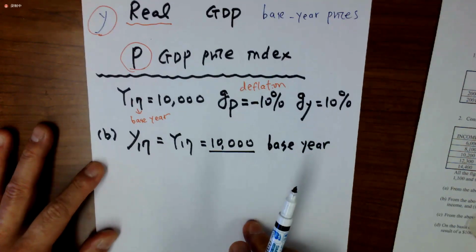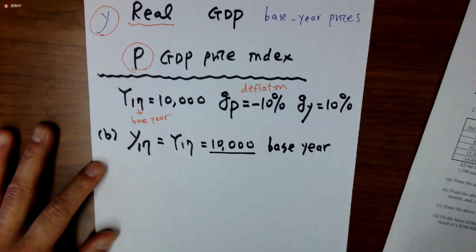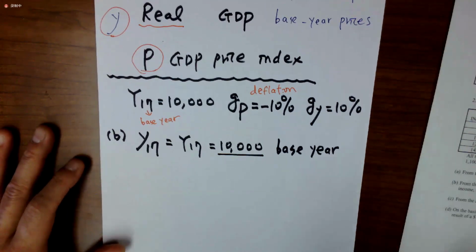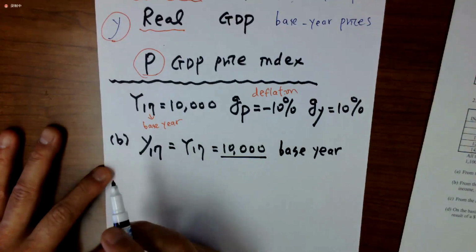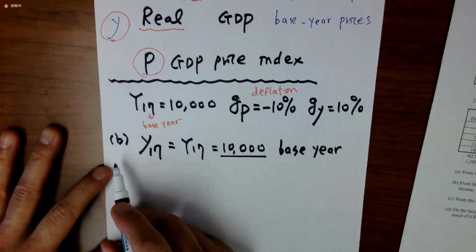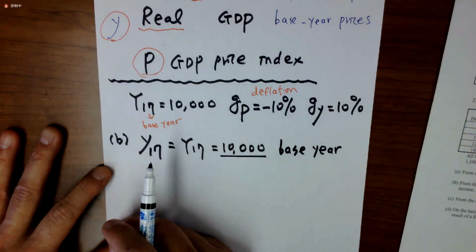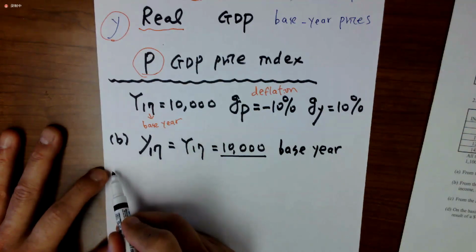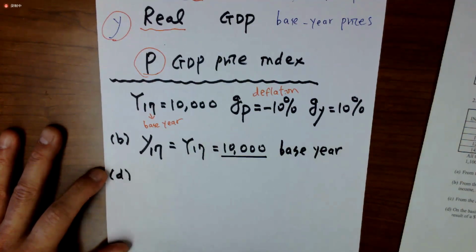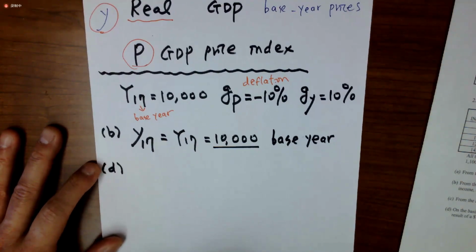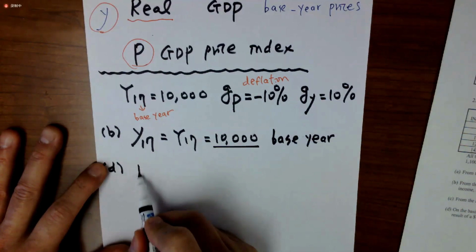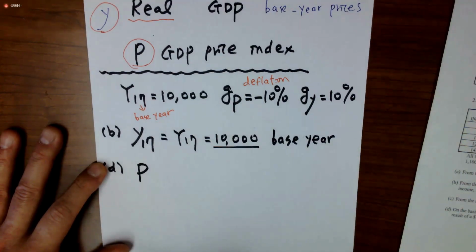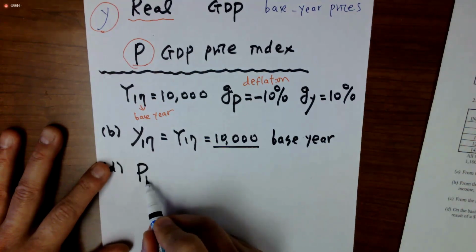All right. Once I know part B, what's the next easiest point I can get? Which one? Solving for P 2017. Part D, the price index. Yeah. Good. Okay. Part D, right? So you say, oh, part D is asking what's the price level, the GDP price index, for the year 2017.